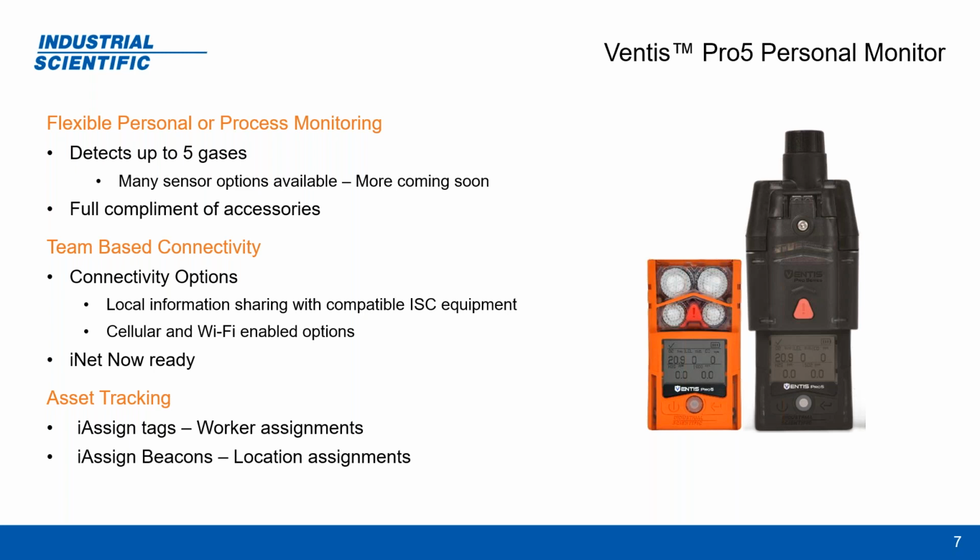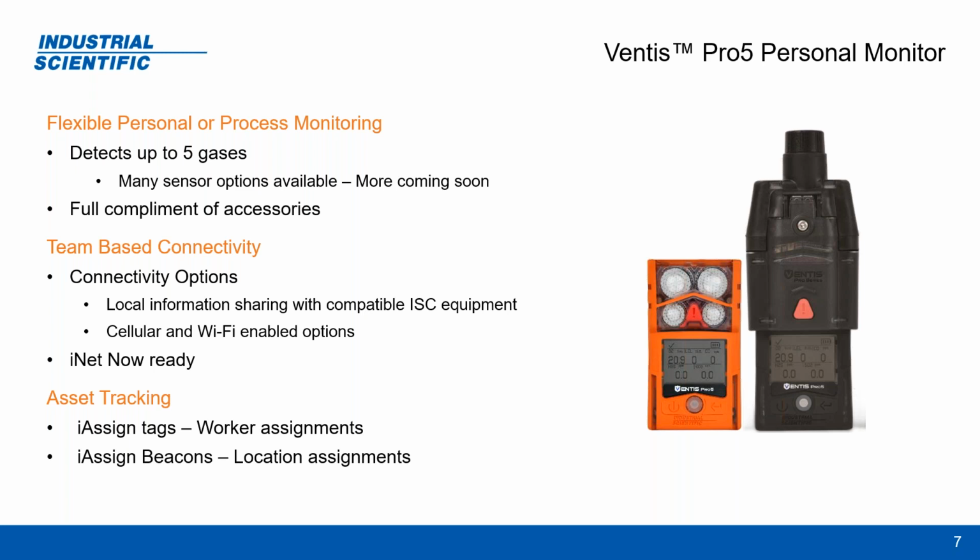Functionally, the Venus Pro is very much like its predecessor, the MX4 that you may be familiar with, but it adds some key features. That red button that you see in the middle of the instrument is used to trigger a panic alarm. So a worker can trip an alarm on the monitor to summon help if he needs it.